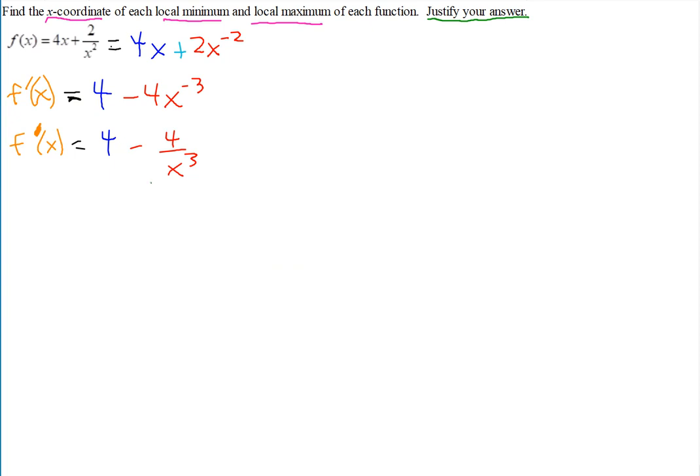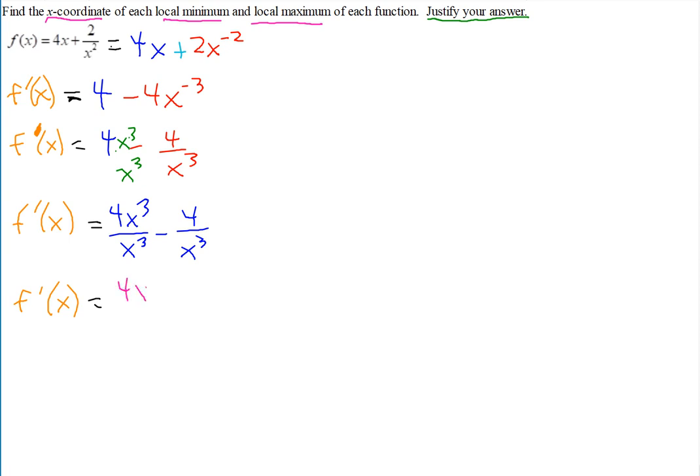So if we just multiply the 4 by x cubed over x cubed, we'll get f prime of x equals 4x cubed over x cubed minus 4 over x cubed. And then we can combine them to be a single fraction. So we get 4x cubed minus 4 all over x cubed. And now we can factor the numerator.